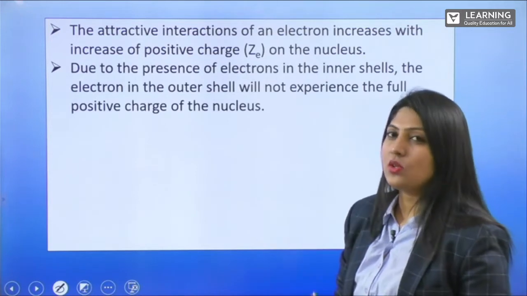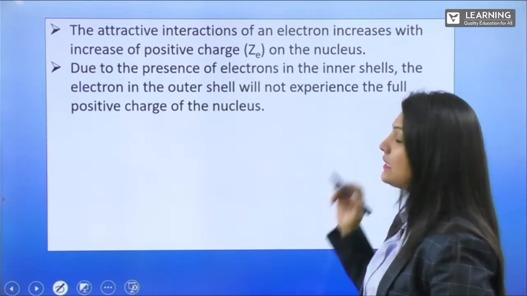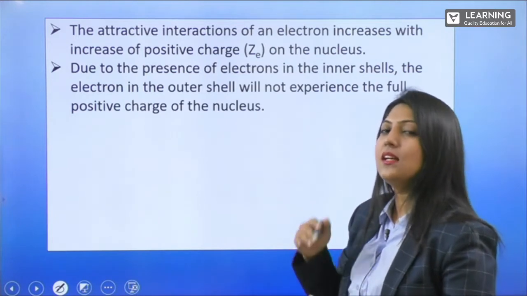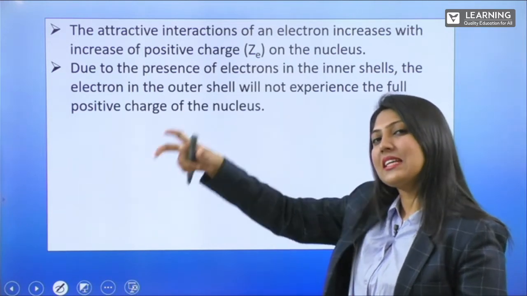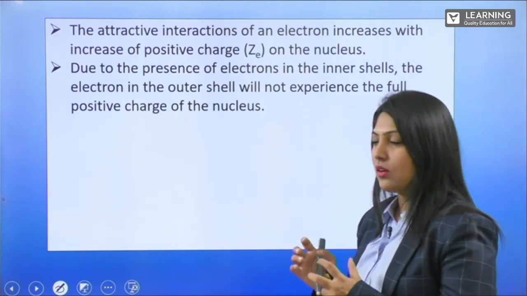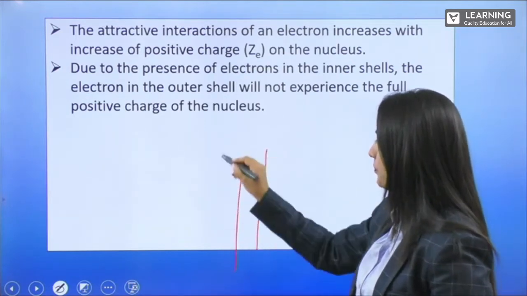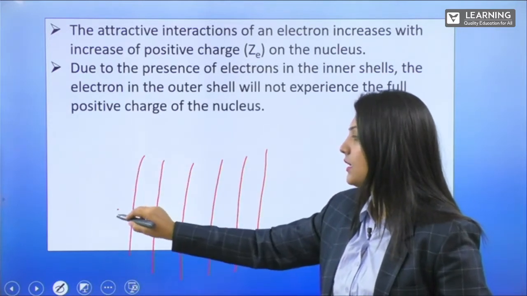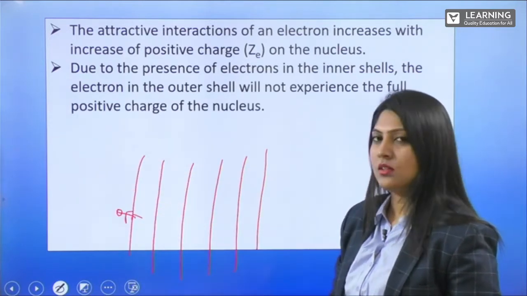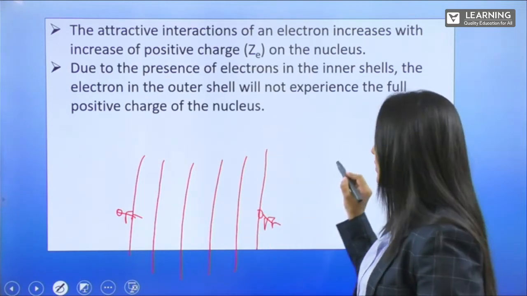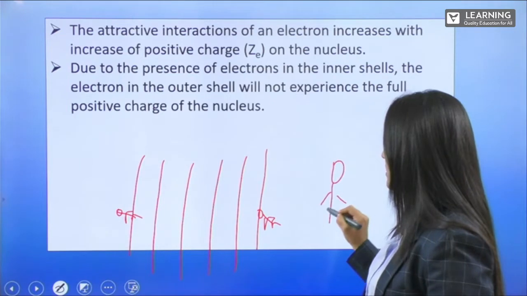Due to the presence of electrons in the inner shells, the nucleus cannot reach exactly to the outermost shell. That will be crowded. For example, if I take the person sitting at the last bench and the person sitting at the first bench, what happens if the teacher is teaching in the class?